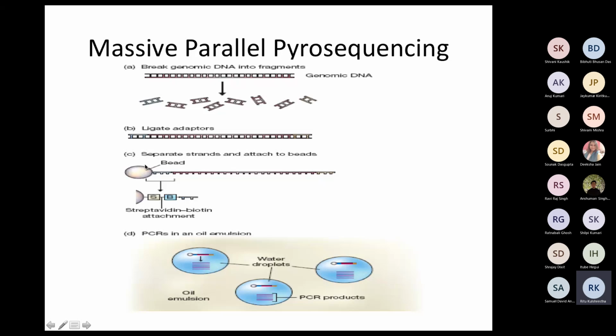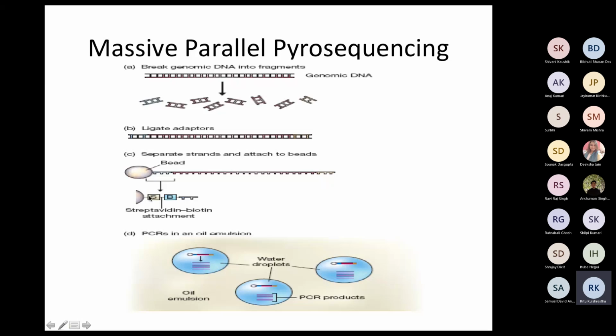Now, if you remember my previous class, I told you that biotin and streptavidin have extremely strong binding. So what I do is I use beads on which streptavidin is already bound.